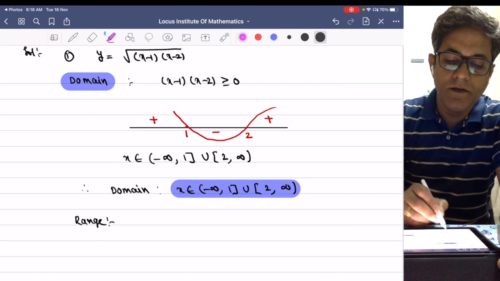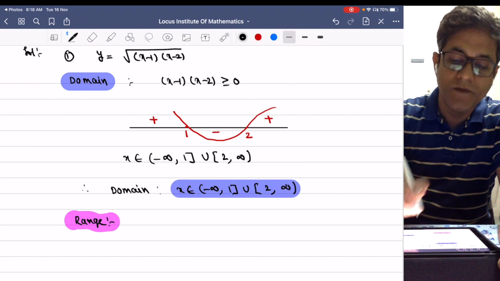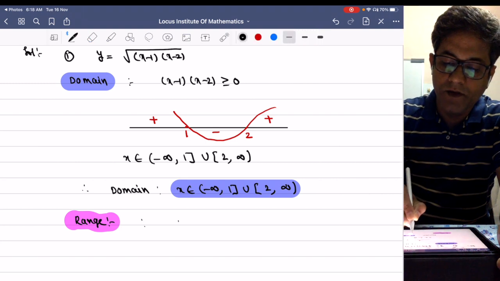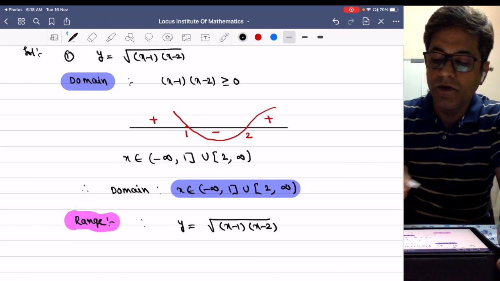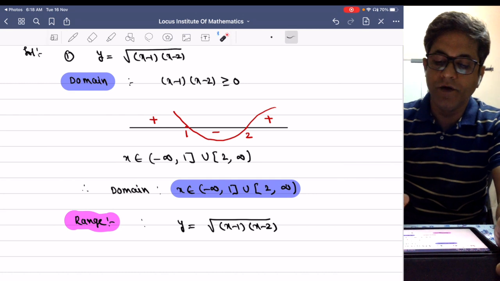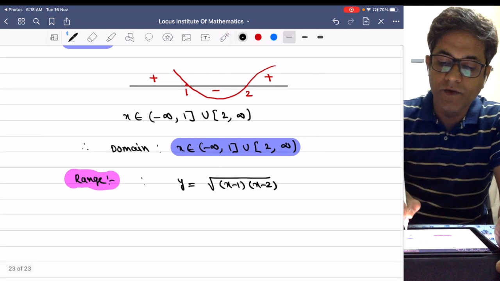So to find the range of the function, the given function is y is equal to square root of (x minus 1) into (x minus 2). First we will remove the square root. To get rid of that square root, square on both sides.